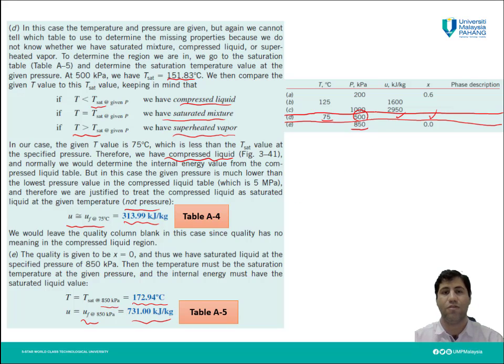So simply you can see how useful these tables are, and how you can use them to find different properties in different states, and also you can find the phase of the material according to the properties as well.